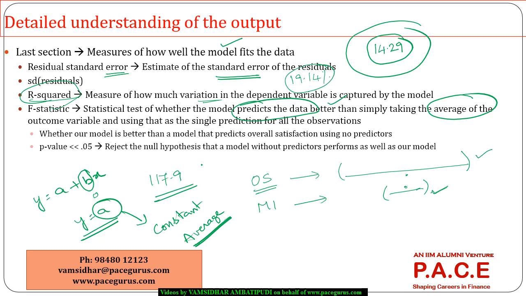So that is what the F statistic is saying: whether our model is better than a model without any independent variable. By how much is our model, with games as the independent variable, better than a model in which no independent variable is taken and just the average of the dependent variable is used as the predictor for the future?